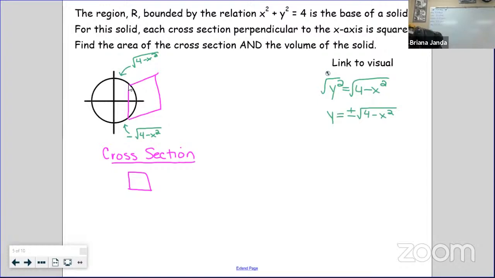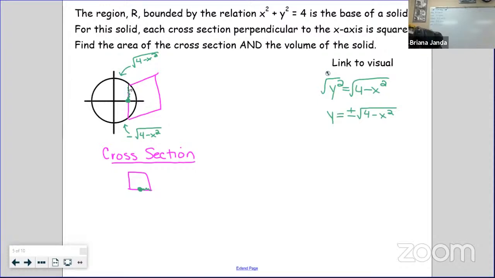So if we look at our cross section here, this part right here that is going from our x-axis up to that top curve would be like 1/2 of the base of our square down here, right? And so as you look at this, that length right there from our x-axis up to the function is the height there.